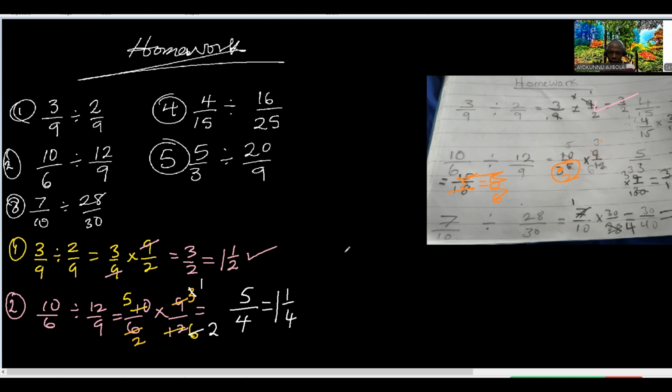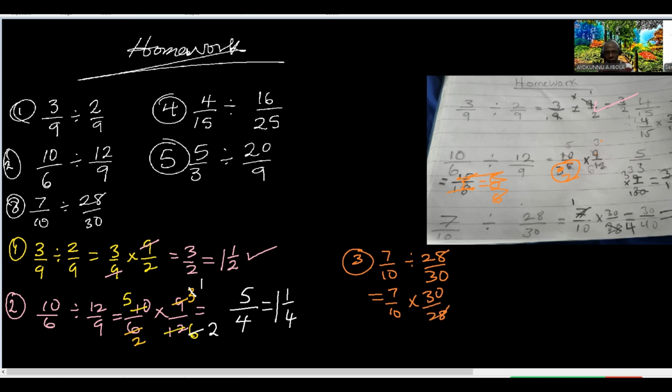Now, number 3, we have 7 over 10 divided by 28 over 30. So that is 7 over 10 times 30 over 28.